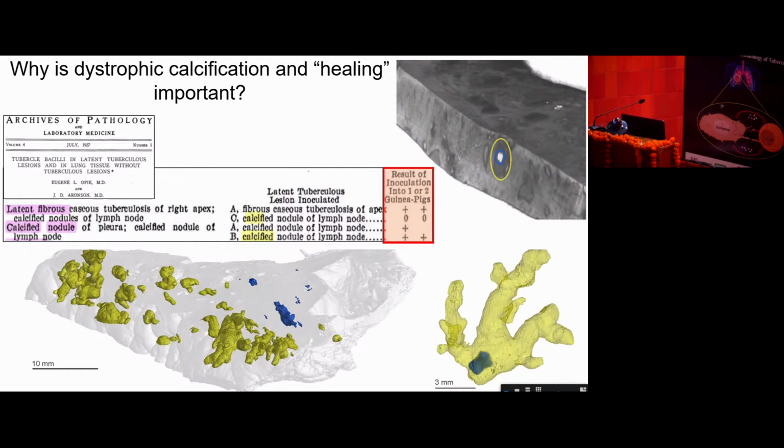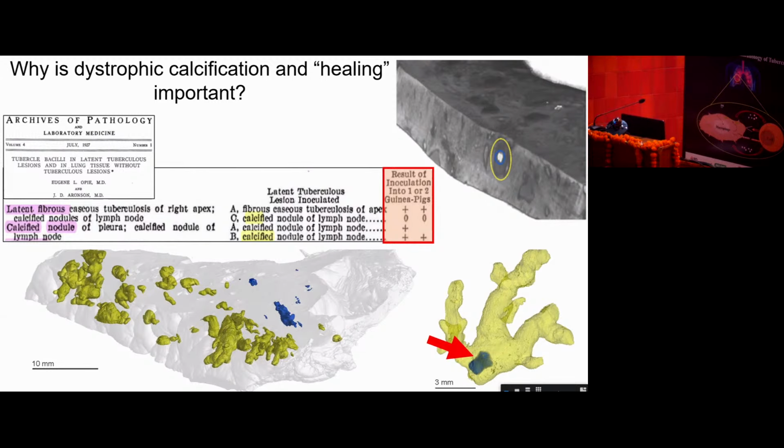But I want to focus your attention on the one on the right-hand side, where the red arrow is. That is a necrotic granuloma or lesion in 3D. These protrusions look like a coral or a ginger root. And right smack bang in the middle of that necrotic lesion, there's a calcium crystal, which may point to the onset of healing.